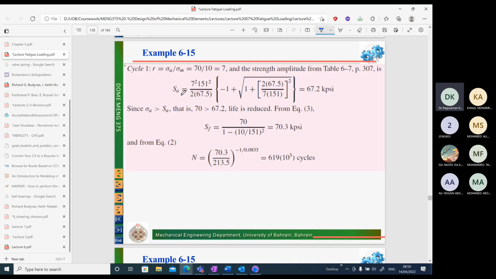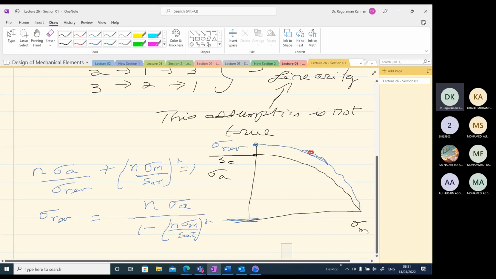To find the fatigue factor of safety from the tables, you can use the formula directly, or find the intersection points graphically. Once I have the intersection point, I can figure out the fatigue factor of safety. So let's take this for granted: SA value is 67.2 kpsi for cycle 1.